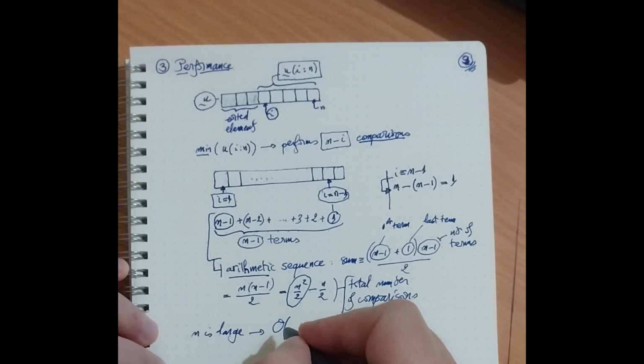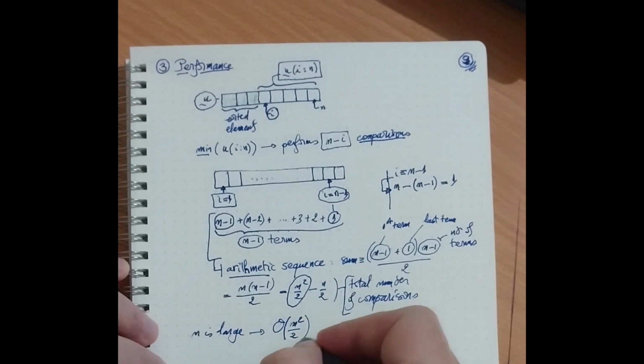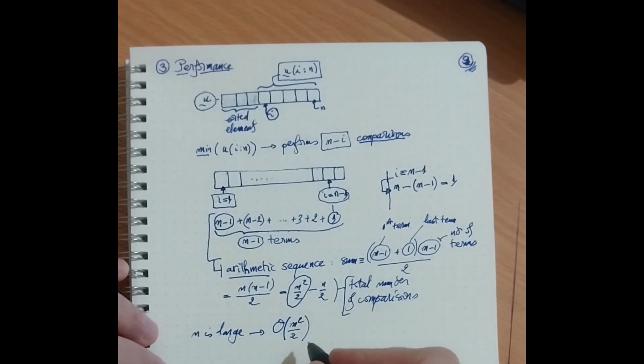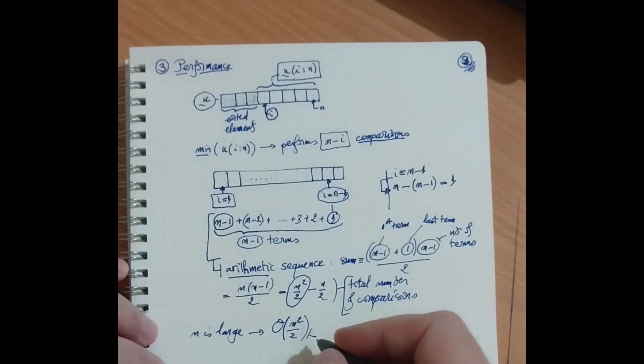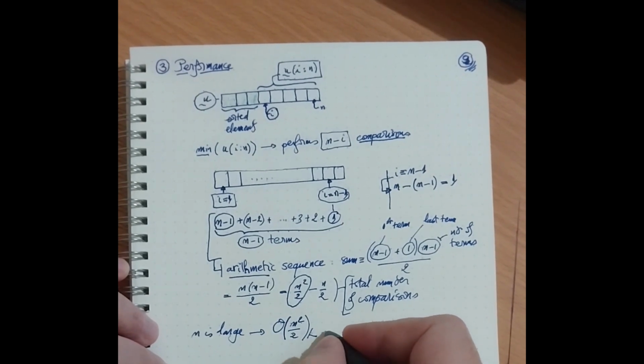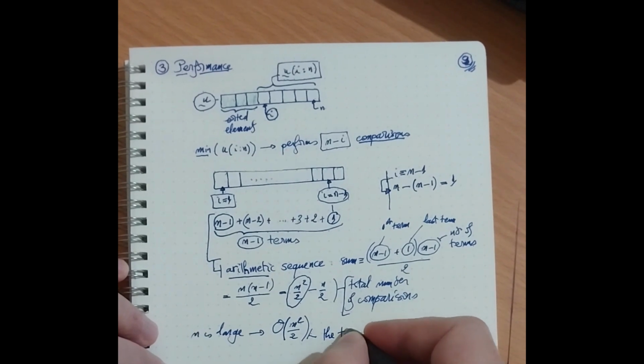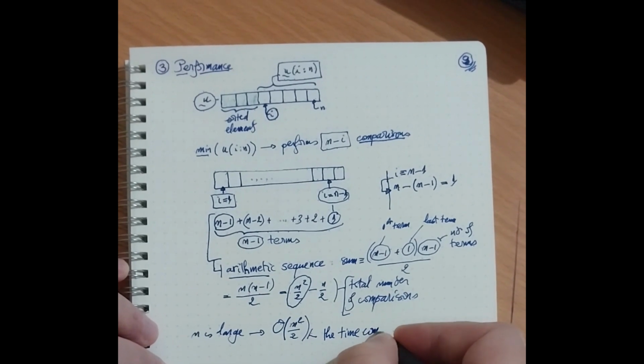The time complexity is of the order n squared over 2. This is called the time complexity.